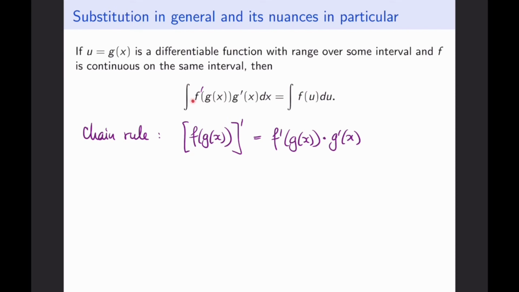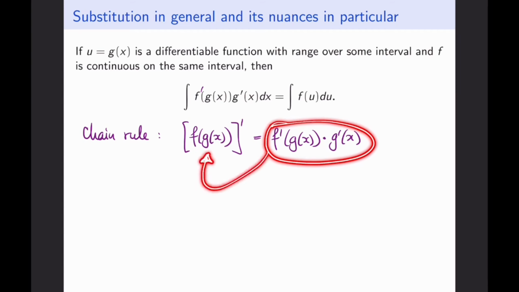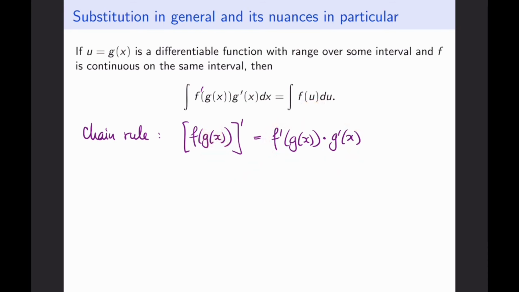And that is exactly what I see here inside the integral. Notice the typo. So what this is saying is, in order for me to have gotten this as an answer, what did I have to take a derivative of? I had to take a derivative of f of g of x, which will be much easier on the eye if the inside was just simply called u. So the substitution is really an anti-chain rule.